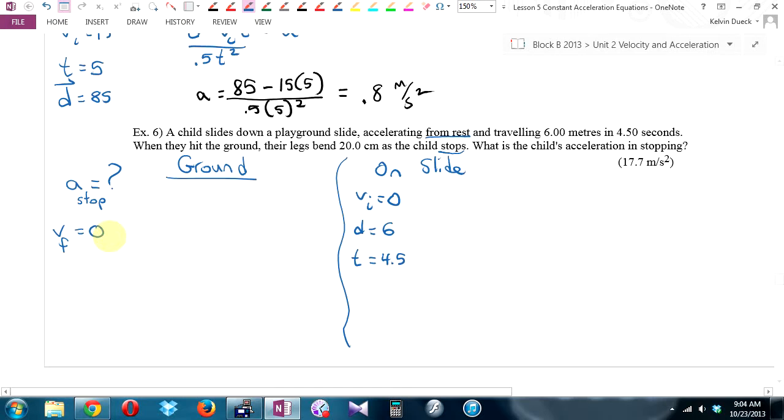Zero. What else? Well, the distance this kid's legs bend, the distance he travels, it's 20 what? Centimeters. Can't use centimeters. 20 centimeters, how many meters? Let's divide by 100. It's 0.2.